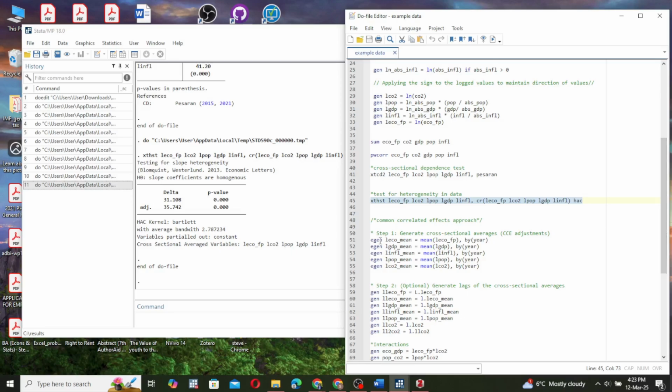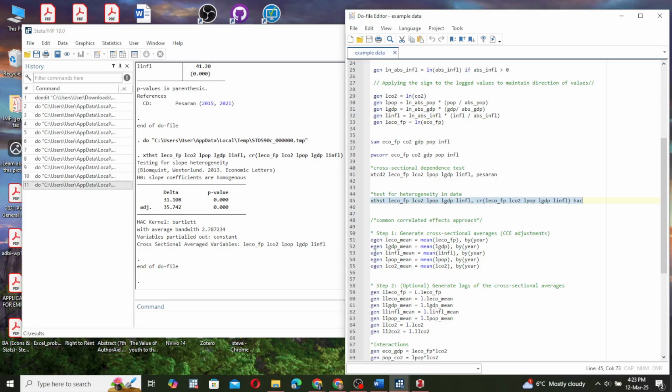Now, in trying to solve for this and allow for cross-sectional dependence, we want to partial out the cross-sectional dependence in our data. So that it doesn't bias our results, we need to create cross-sectional averages, and that is how this model by Carlos Lamarche and Harding deals with it.